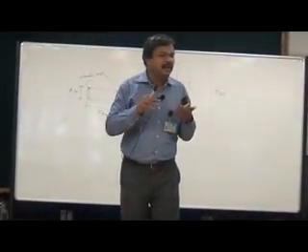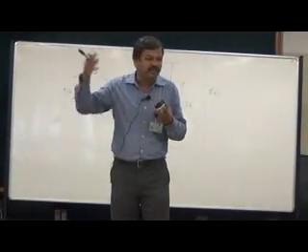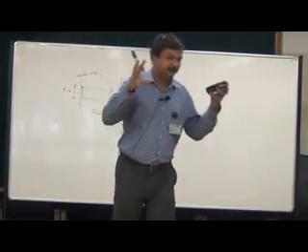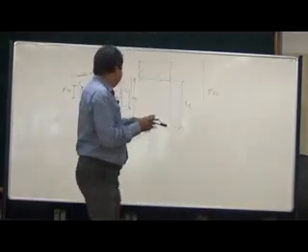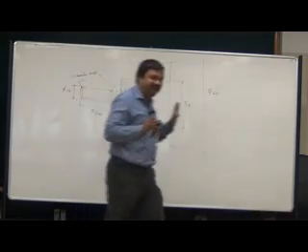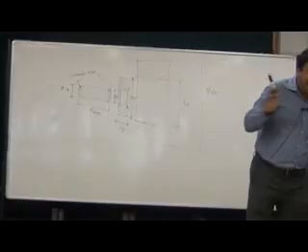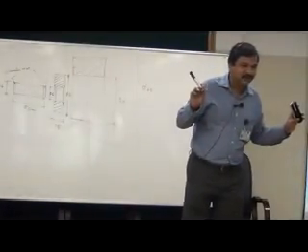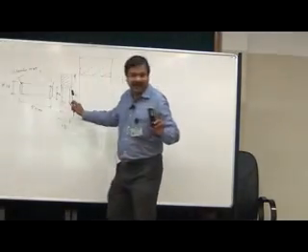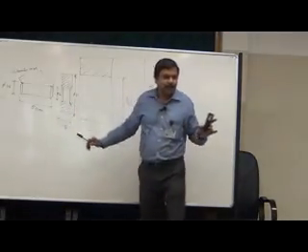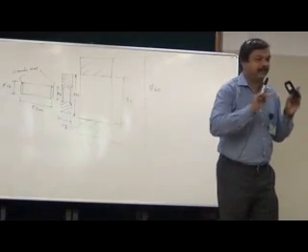Let the bush and the housing be very tight. Let this and this be joined in such a way that it is very tight. I am not using any engineering terms now. At the same time, let the shaft and the bush be connected with some gap.